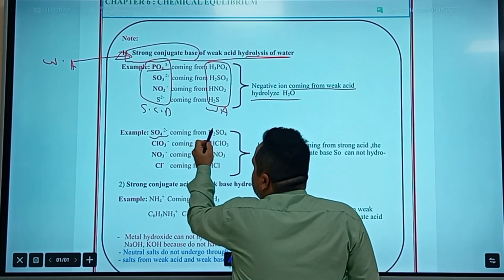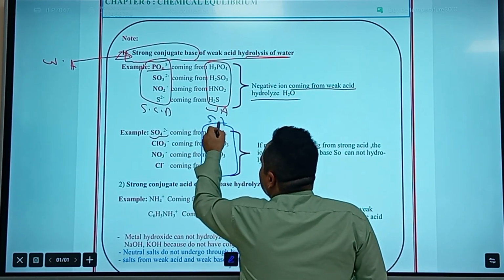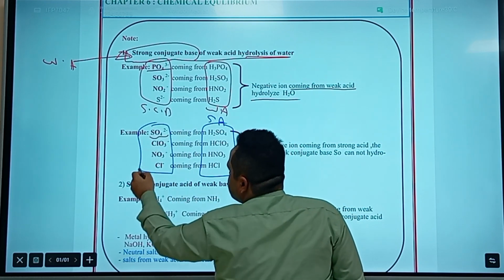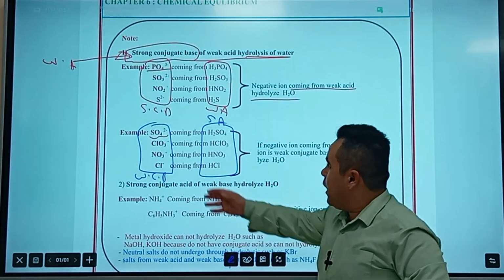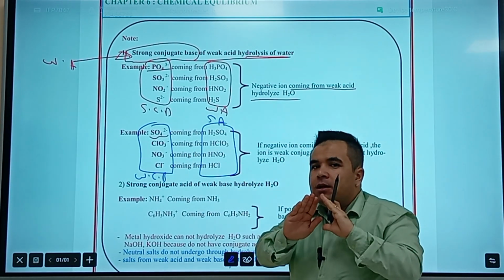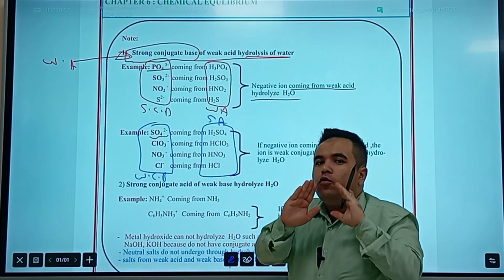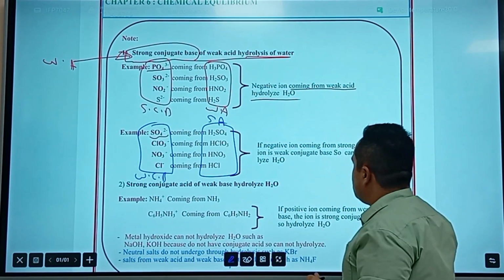If it comes from these, these are all strong acids, and this becomes weak conjugate bases, guys. A weak conjugate base from strong acids cannot undergo hydrolysis.